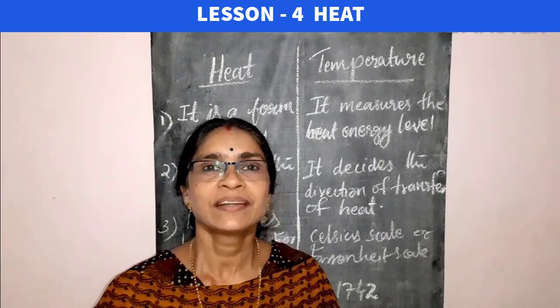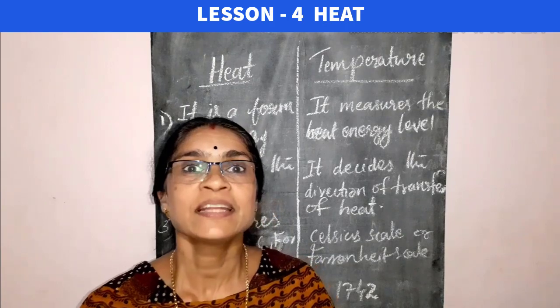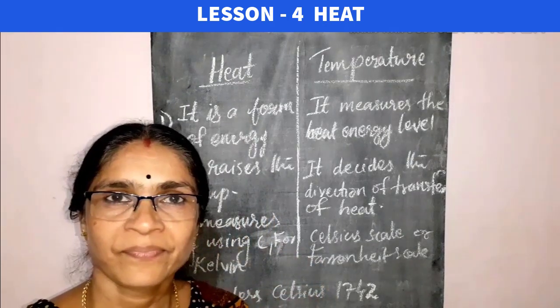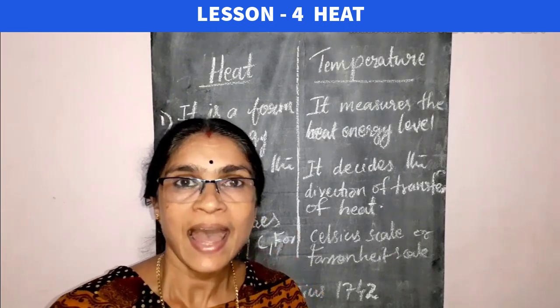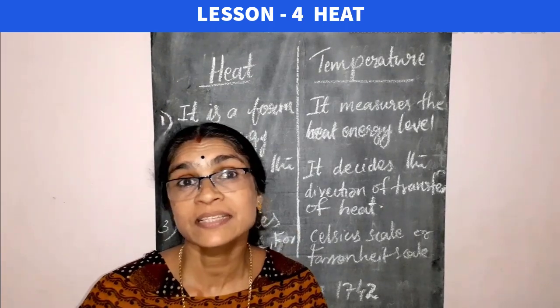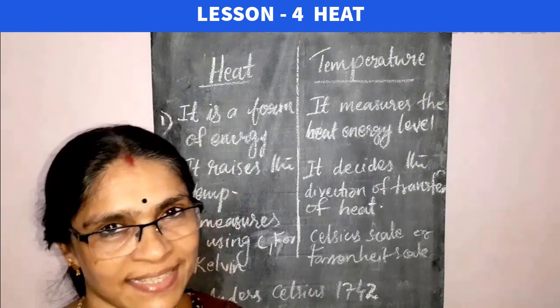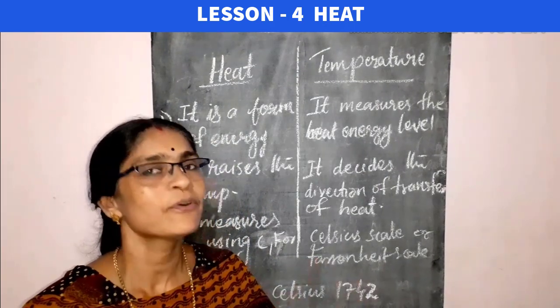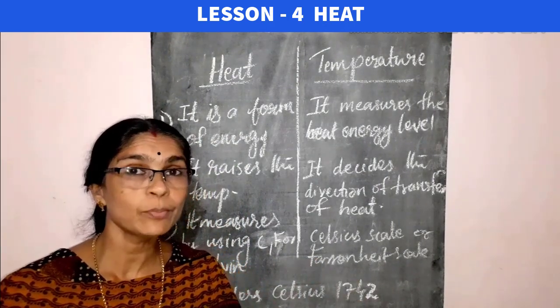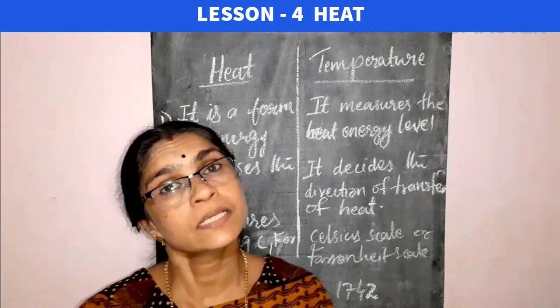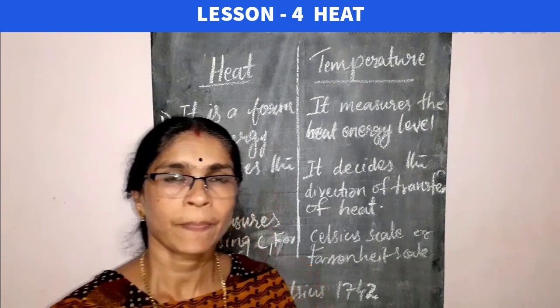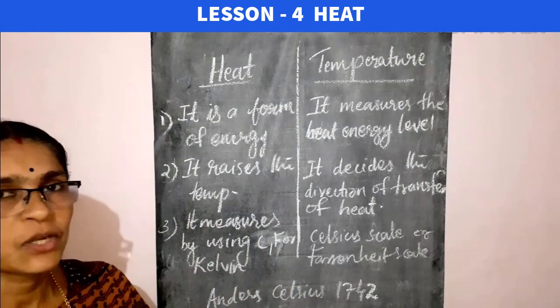But soon the measurement reversed: the boiling point as 100 degrees Celsius and the melting point of ice as 0 degrees Celsius. That we are following. The boiling point of water is 100 degrees Celsius and the melting point of ice is 0 degrees Celsius. That all we understood.